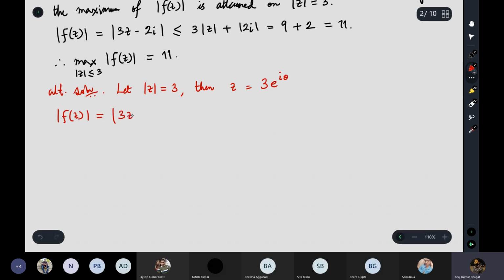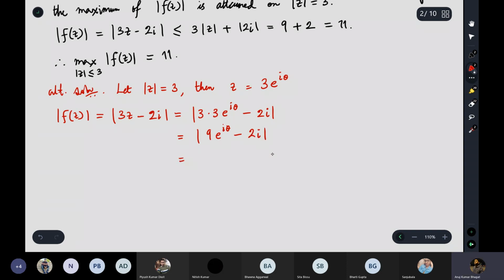So 3z minus 2i is 3 times 3 e to the power i theta minus 2i, which is 9 e to the power i theta minus 2i.